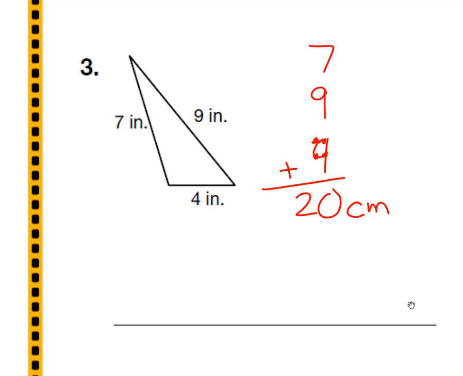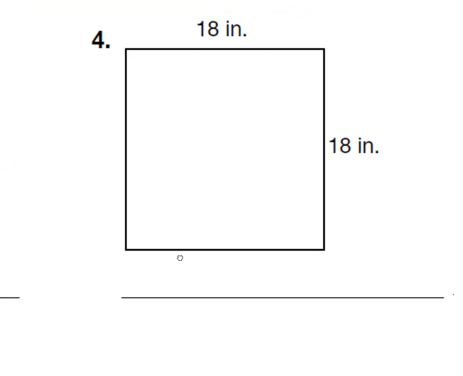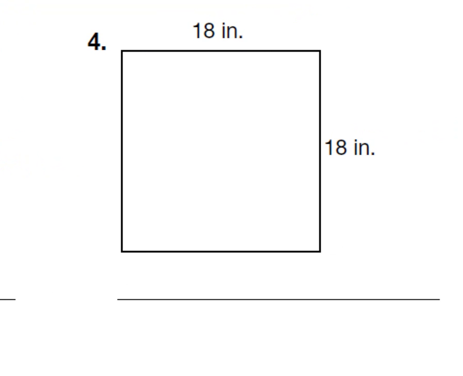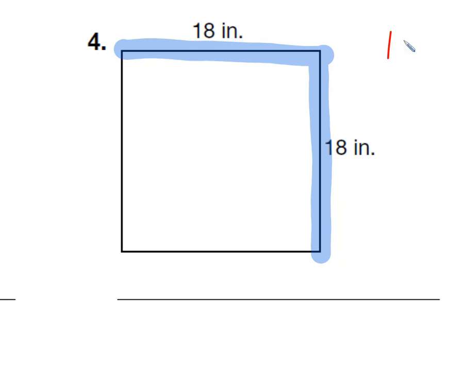Okay. Now on the last one, number 4, this is a perfect square, meaning all the sides are the same length. So this one you can do a couple different ways. You can either add 18 plus 18 plus 18 plus 18, because all 4 of these sides are going to be 18 inches.